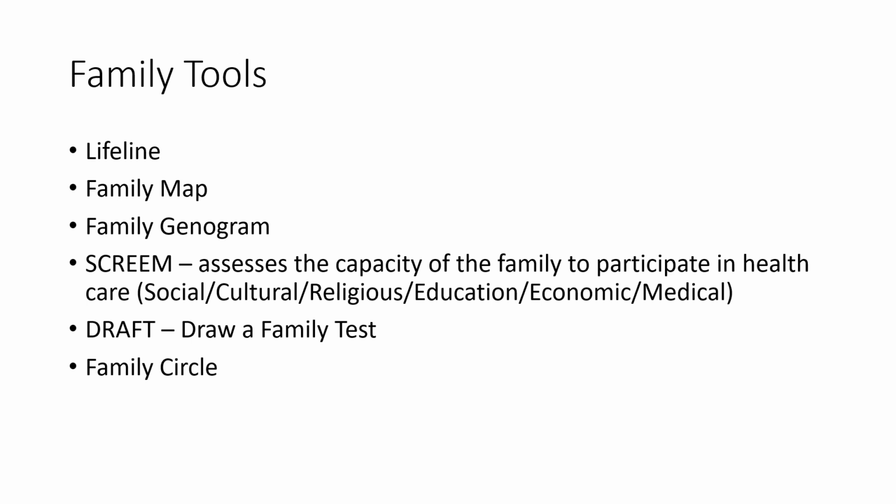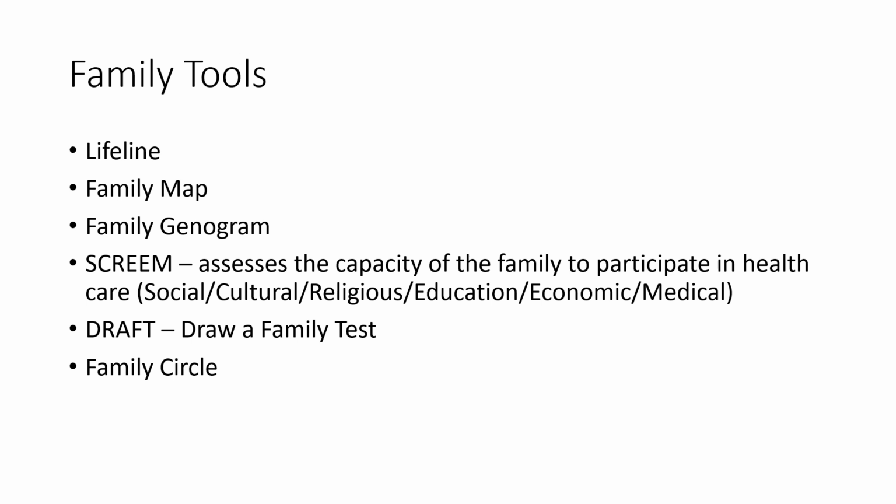Your stream assesses the capacity of the family to participate in healthcare. So this is your social, cultural, religious, educational, economical, and medical aspects, and how they could respond to disease when giving the following.